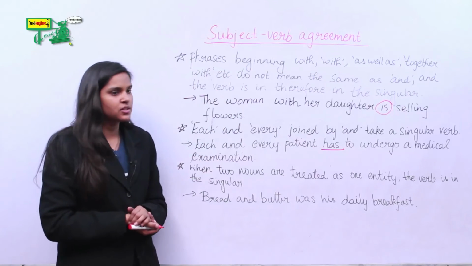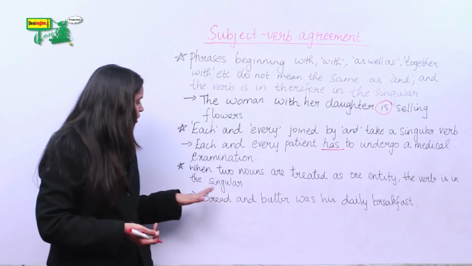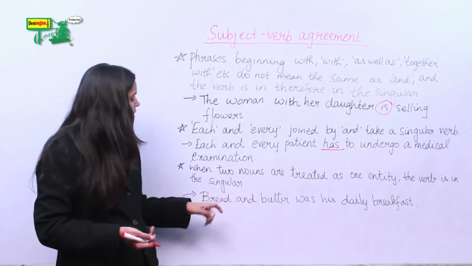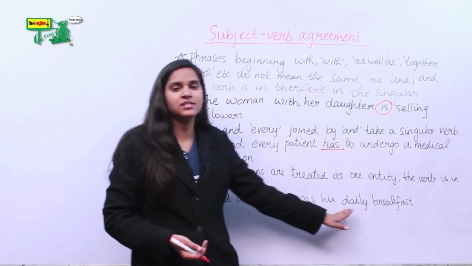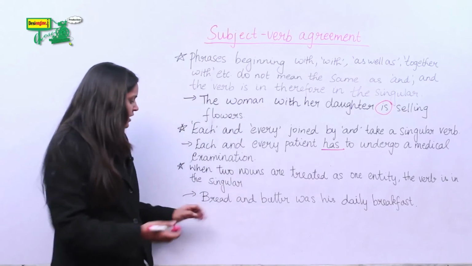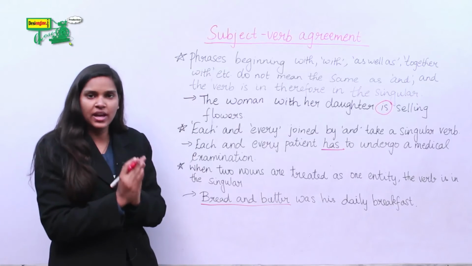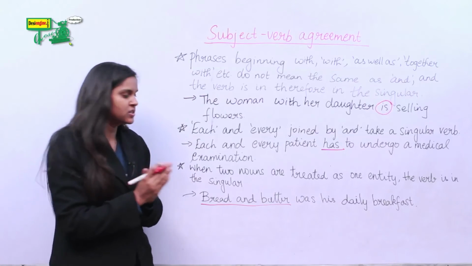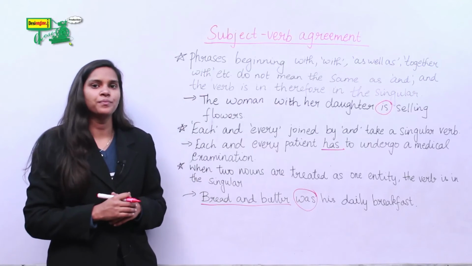The next rule is, when two nouns are treated as one entity, the verb is in the singular form. Therefore, in the example, bread and butter was his daily breakfast. Bread and butter is treated as one entity. It is together. Therefore, the verb used is was, and that is in the singular form.